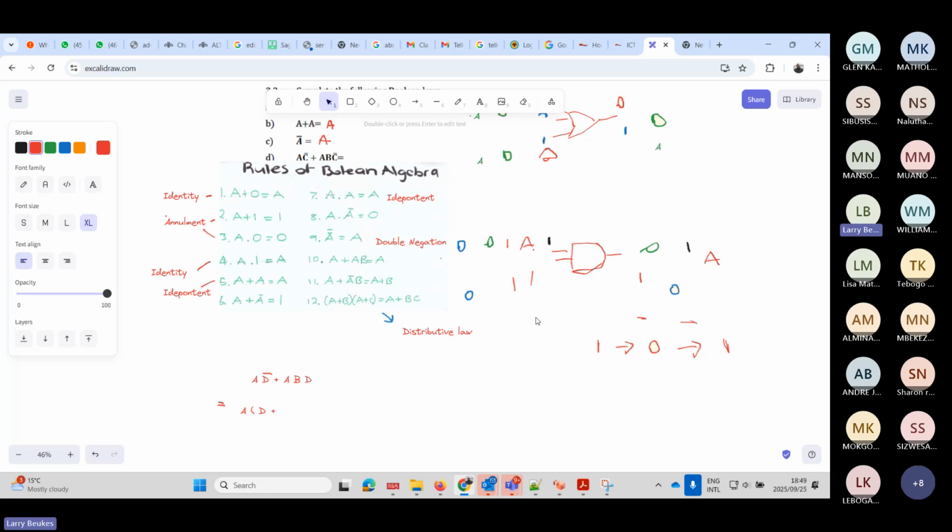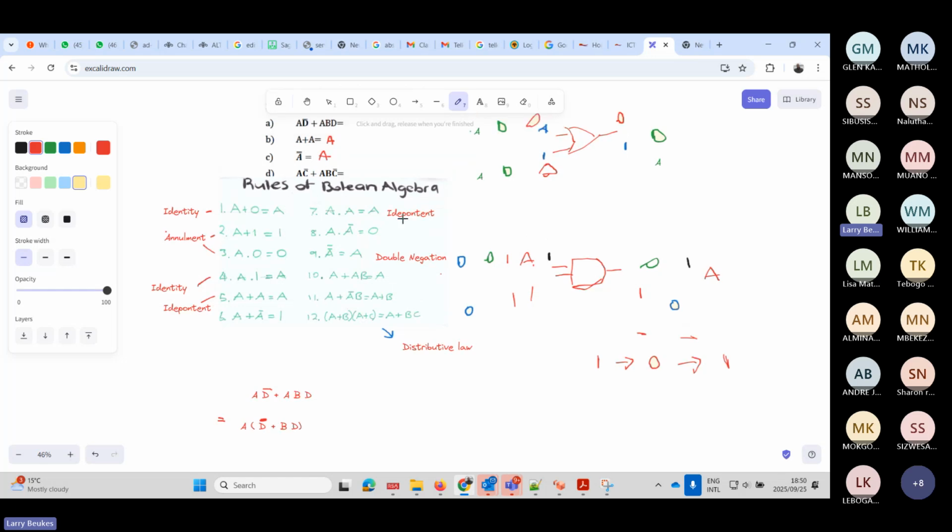Then you're going to have B, D, right? And then remember this D, it's complemented, right? But now when you're here, you are done. Do you understand? So it can be like this there. So there's a trick to it. Okay, let's do number D first while we're still thinking about that one.